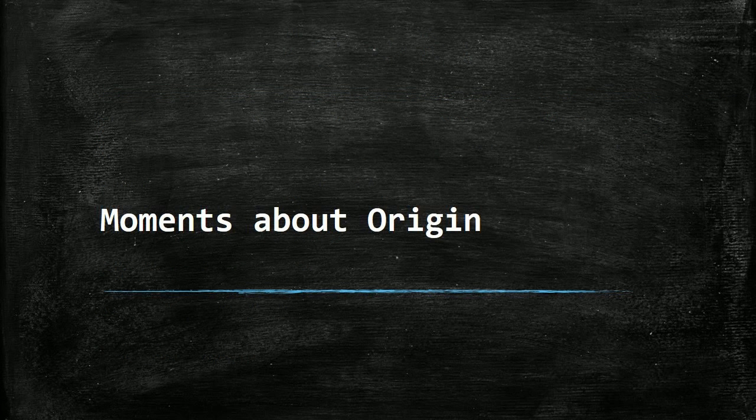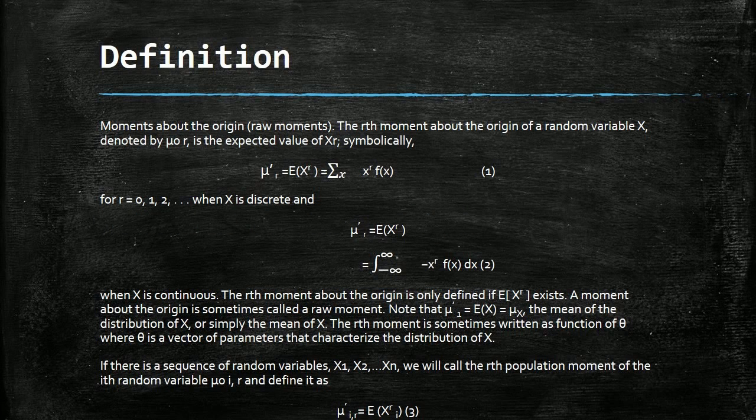Moments about origin. Definition: moments about the origin, raw moments. The rth moment about the origin of a random variable X, denoted by μ'_r, is the expected value of X^r.